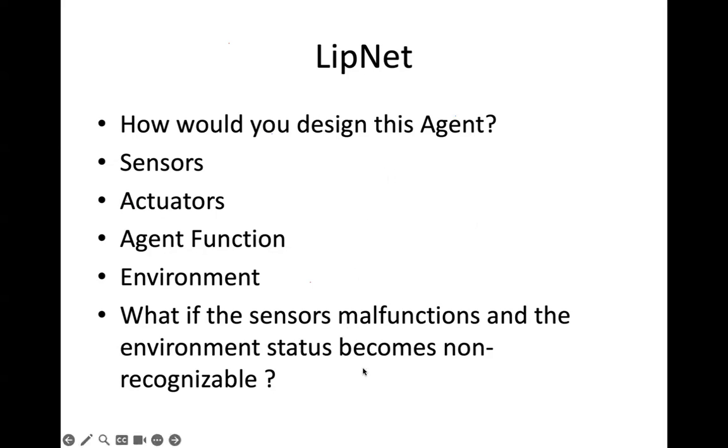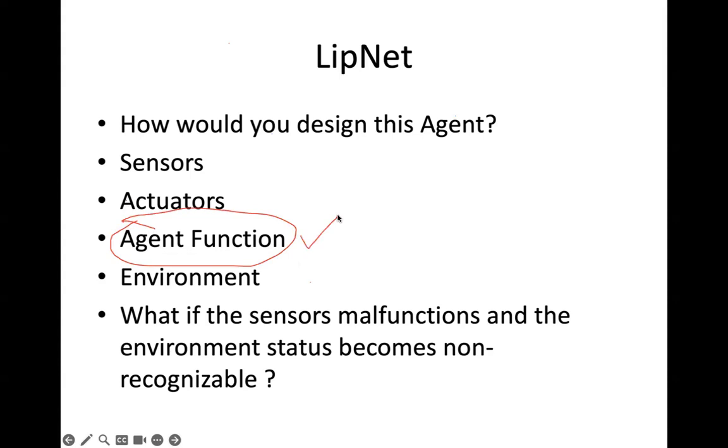But anyway, this is a complex problem, and the agent function that you will have to define in this particular scenario, what type of problem would you try to solve, or what would be the strategy of solving this type of problem?